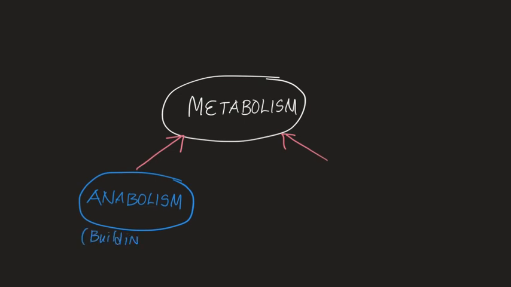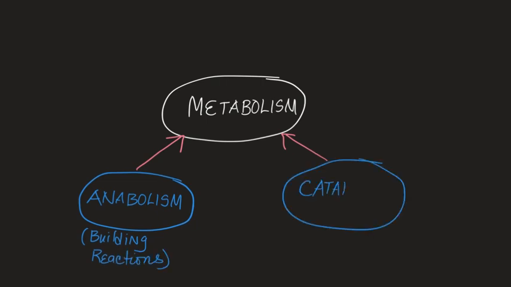Examples of anabolic reactions are protein synthesis and DNA replication. The other type of reactions are catabolic reactions, when you break down something. So, catabolism means breaking down reactions, the most obvious being breaking down fuel in the form of glucose to give energy in the form of ATP.